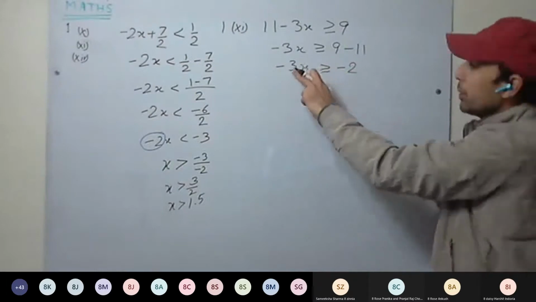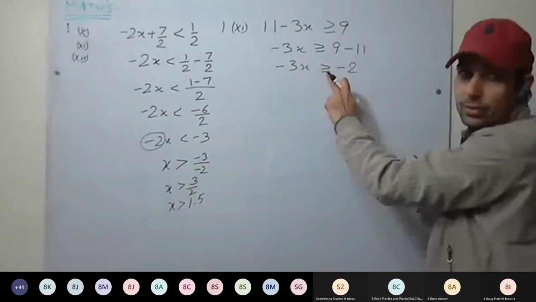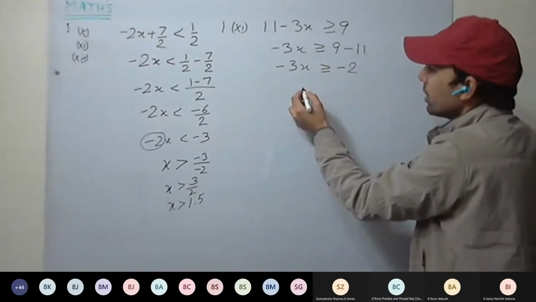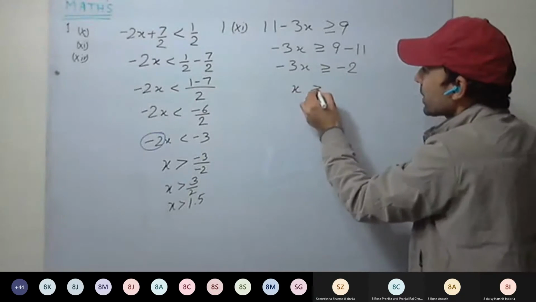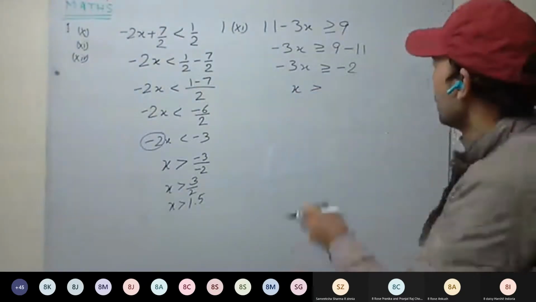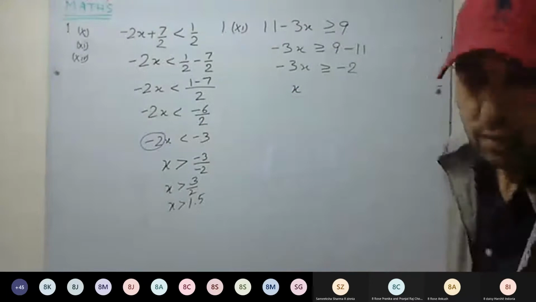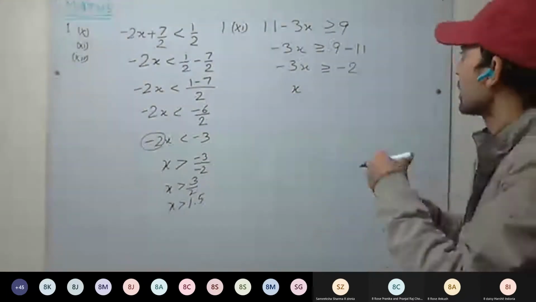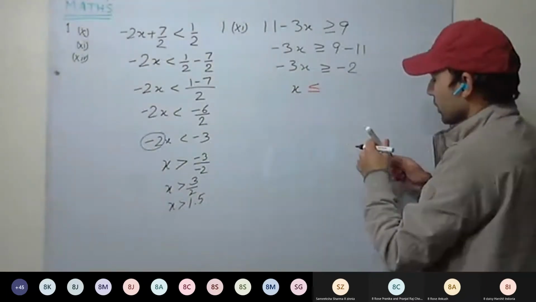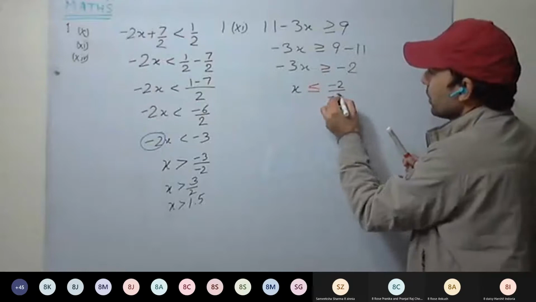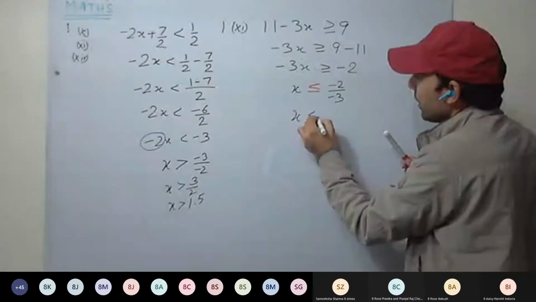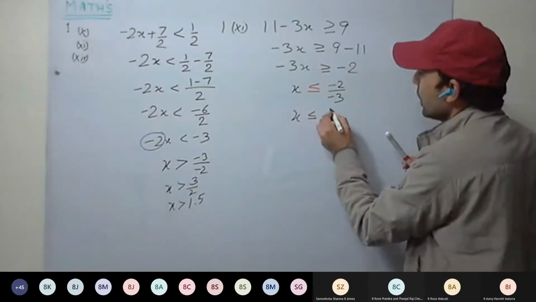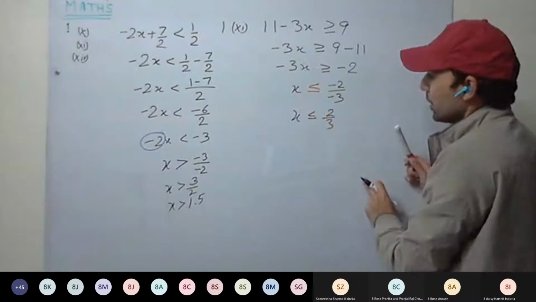Now we'll be dividing by minus 3 on both sides. So the sign will reverse. So x, the sign will change, is less than or equal to minus 2 upon minus 3. x less than or equal to 2 upon 3.